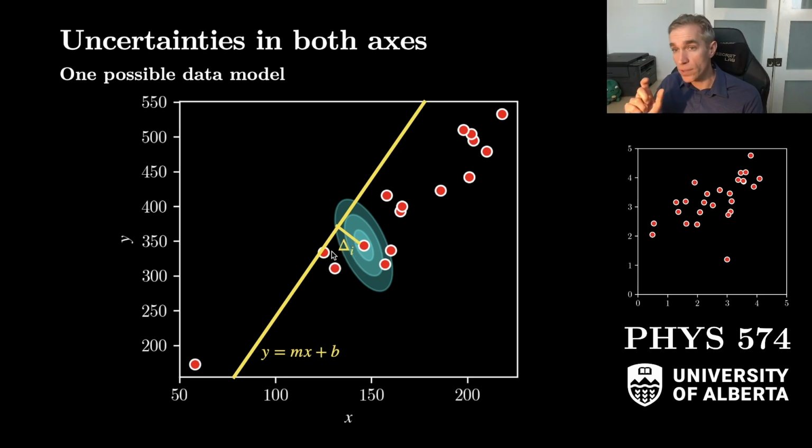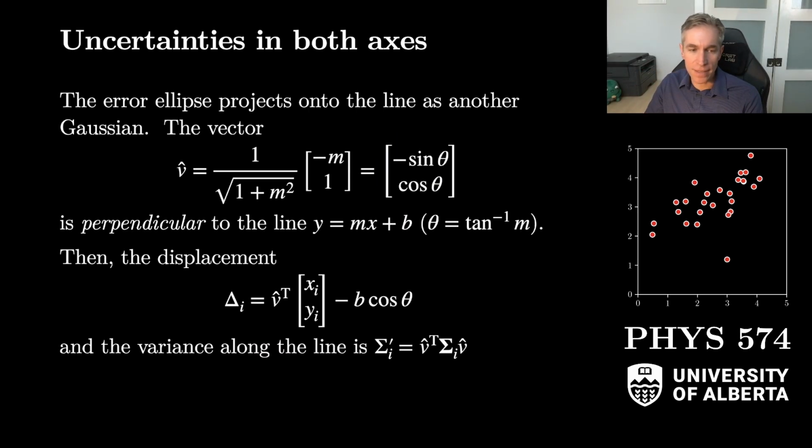What we want to do is take advantage of the fact that any slice through a two-dimensional Gaussian distribution is a one-dimensional Gaussian distribution. And we can look at this error ellipse as a projection onto that line.